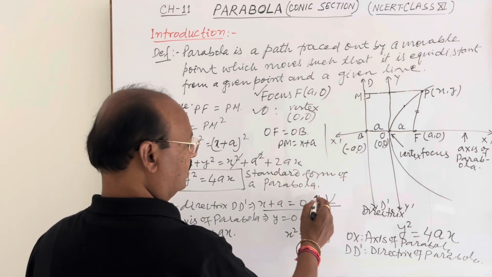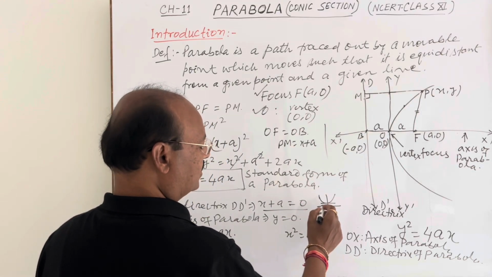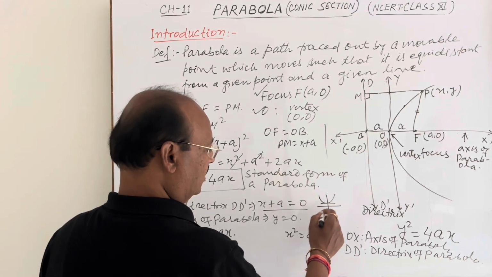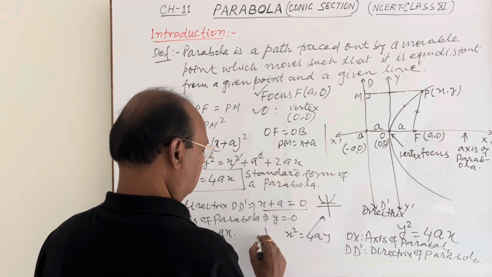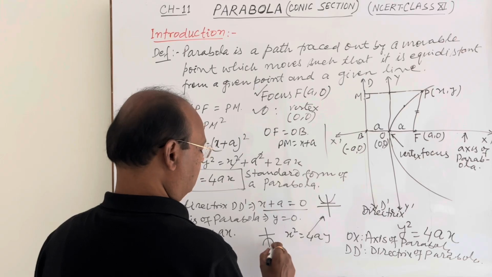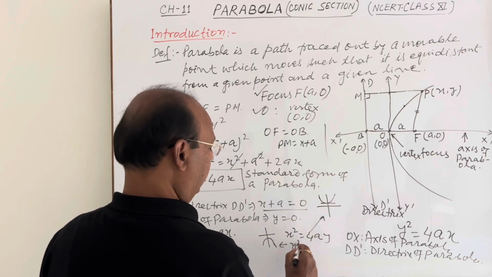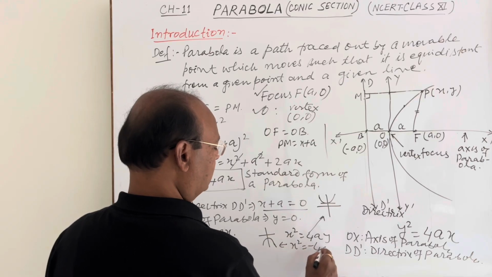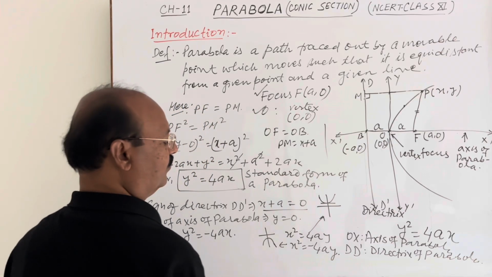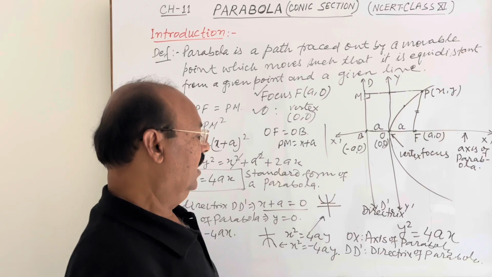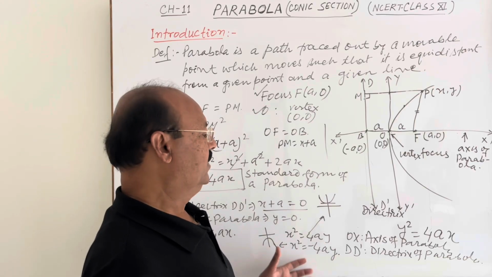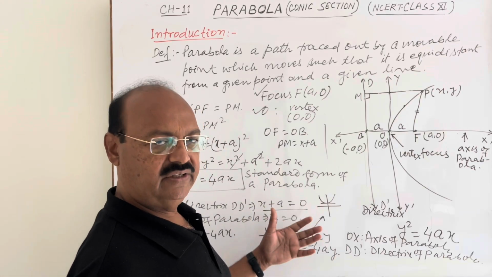And if the parabola opens downward, like this, then the equation will be x square is equal to minus 4ay. Clear? And accordingly, the coordinates of the focus will be different.